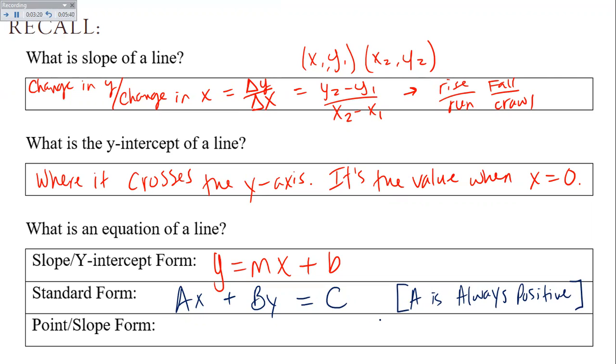A is always positive. Oh, I didn't leave enough room. And A and B are always integers. Integers meaning that there are no fractions for A and B. No fractions, no decimals.